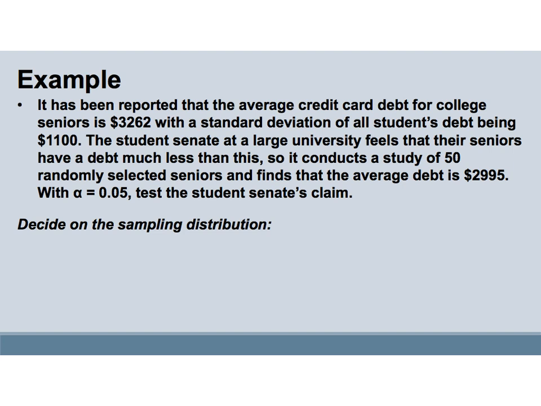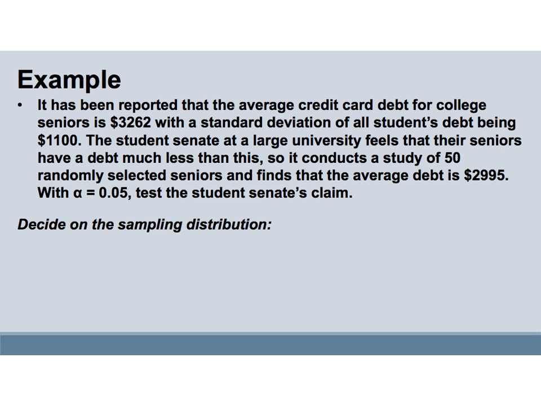So let's do an example. It has been reported that the average credit card debt for college seniors is $3,262, with a standard deviation of all students' debt being $1,100.